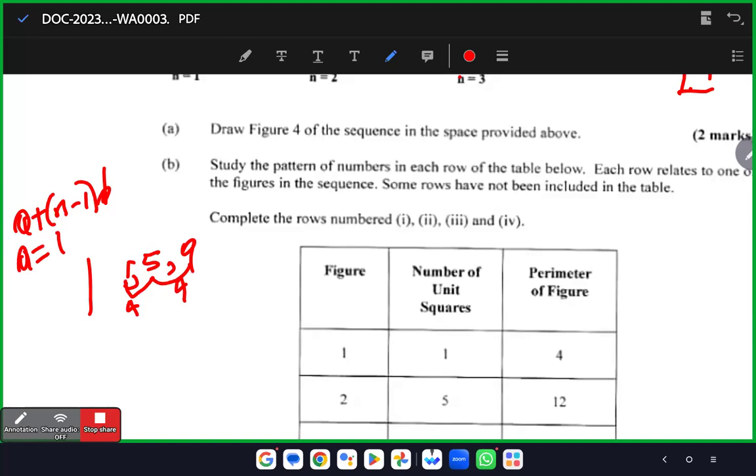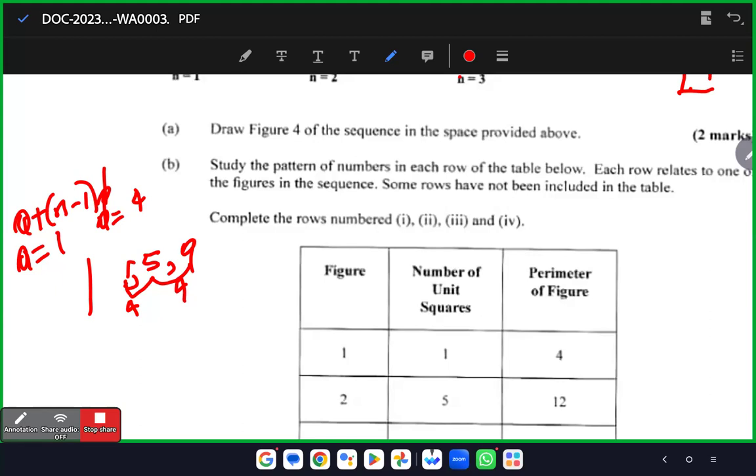The difference between the successive terms is the same, and this is what we call d. So d is actually 4. Once we have this information, we can put it in the general formula, simplify it, and come up with our general formula for the nth term.